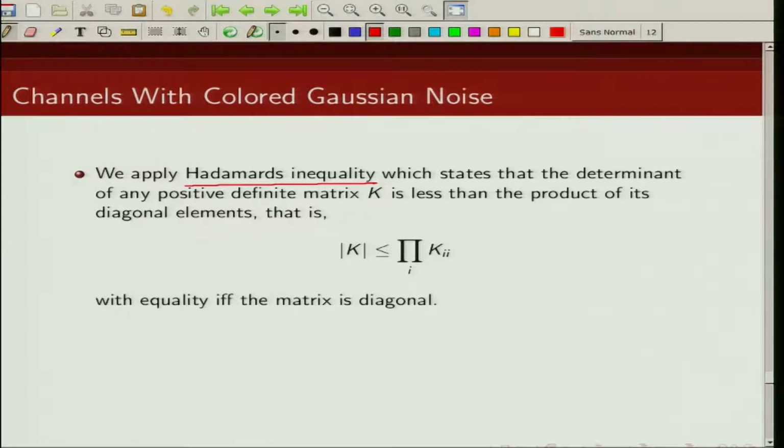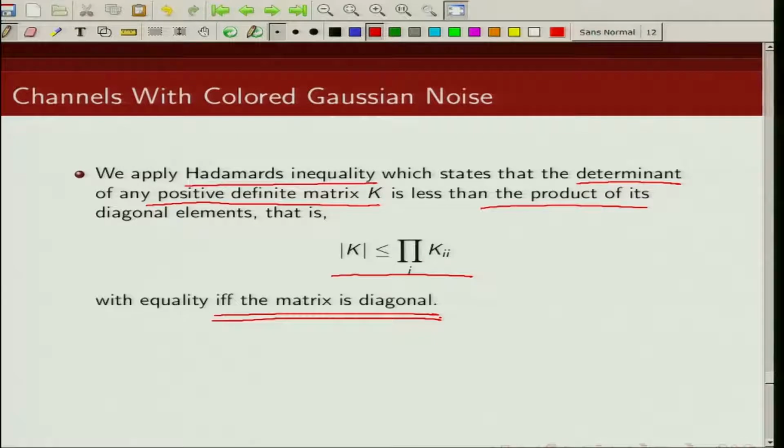So Hadamard inequality states that determinant of any positive definite matrix K is less than or equal to the product of its diagonal elements, with equality happening only if the matrix is diagonal.